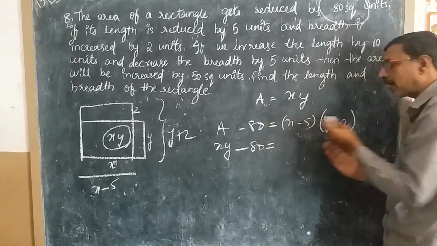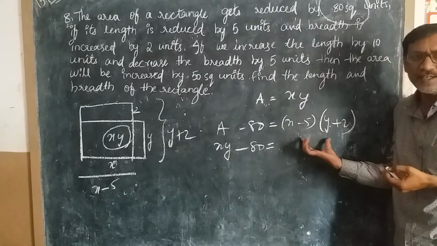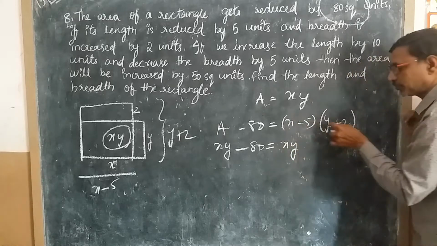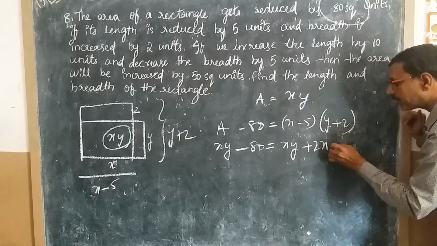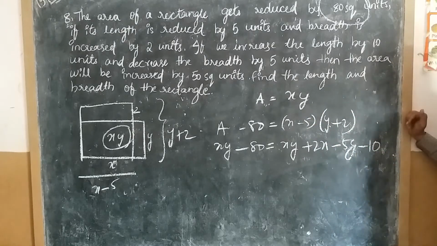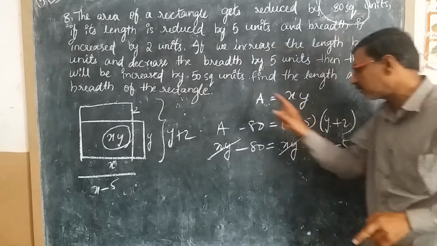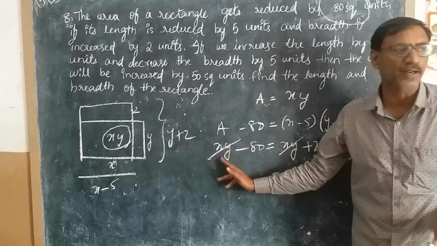Here we know how to multiply these two linear expressions. First term into first term, x into y. First term into second term, 2x. Second term into first term, minus 5y. Second term into second term, minus 10. Here xy gets cancelled, because if it is transferred from left to right, it will be subtracted from xy.